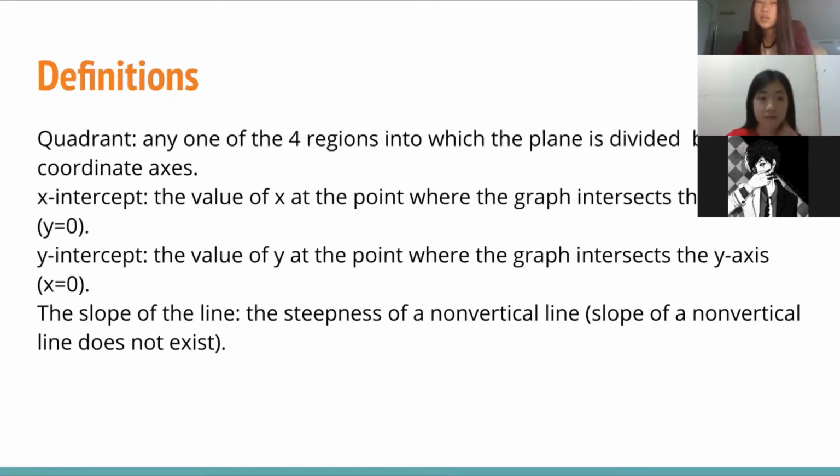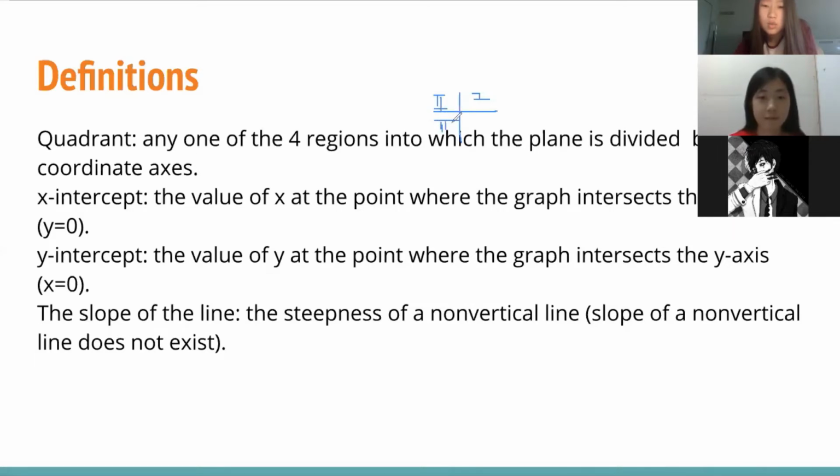And quadrants, as you know, the coordinate grid has 4 quadrants. It's separated into 4 parts based on the x-axis and the y-axis. So the quadrants go counterclockwise, which starts from, let me draw a basic coordinate like this, and this is quadrant 1, this is quadrant 2, and this is quadrant 3.